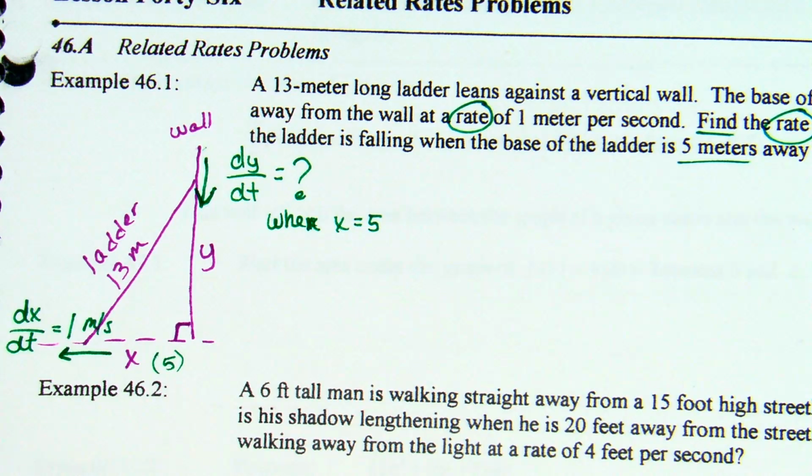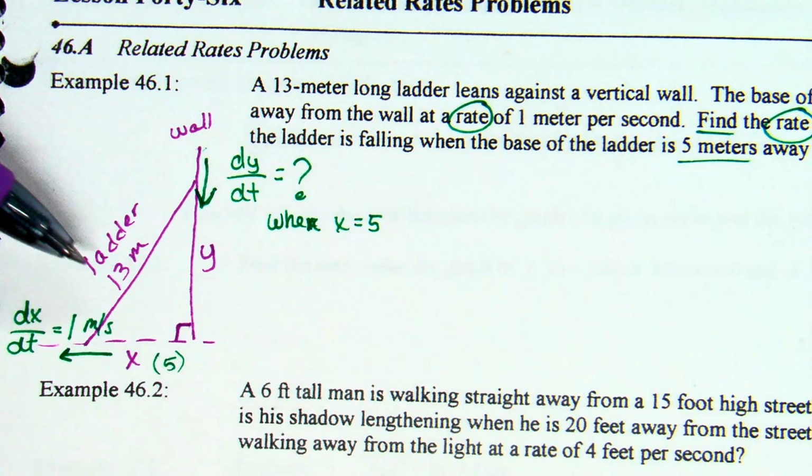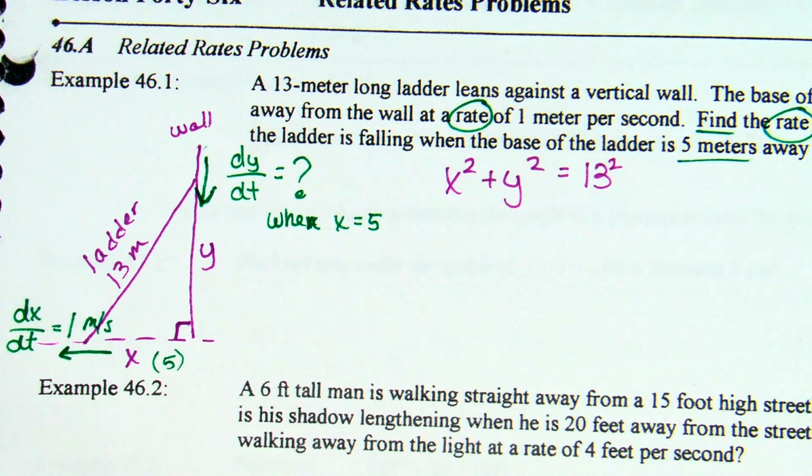What do you know about your Pythagorean theorem here? The ladder, right? So the equation I'm going to write, which they call the related equation in the book, is x squared plus y squared equals 13 squared.